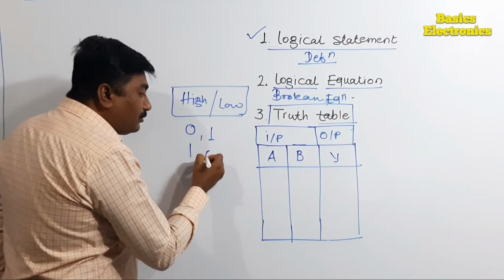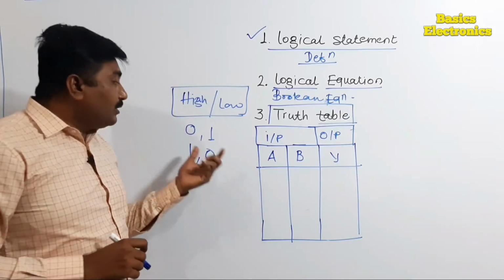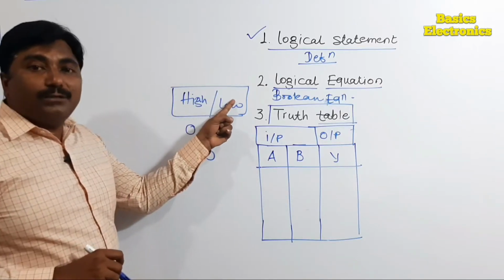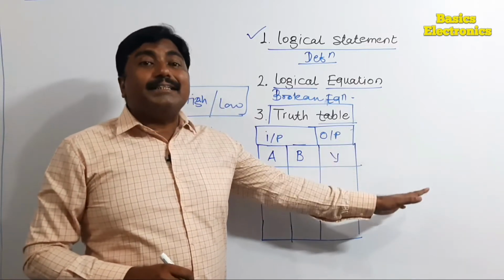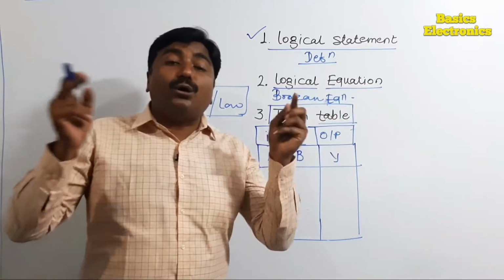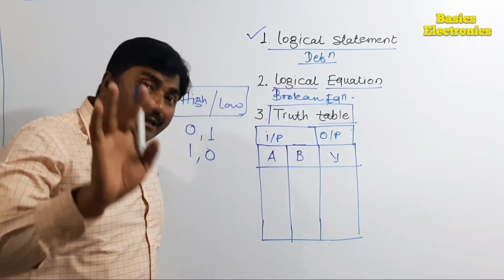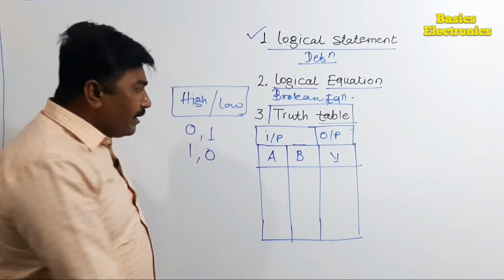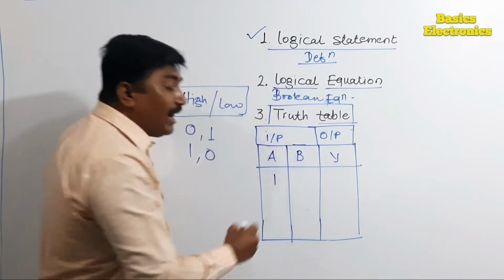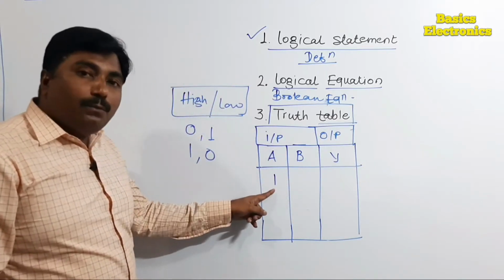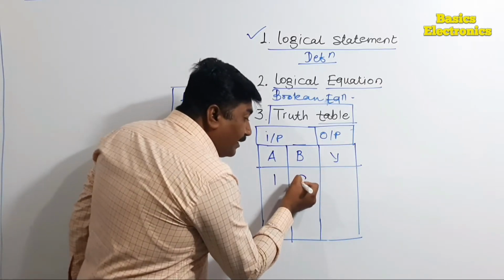Instead of high we use 1, and instead of low we use 0. So in this table we have to use the values of the input. Suppose the input A of a particular gate is equal to high. Instead of high, we write down 1. Instead of B equal to low, we write down 0.